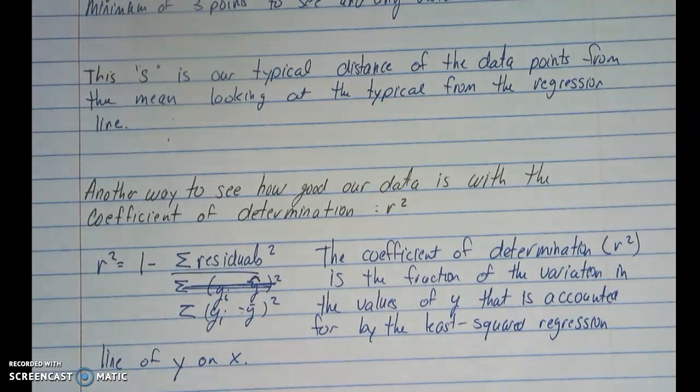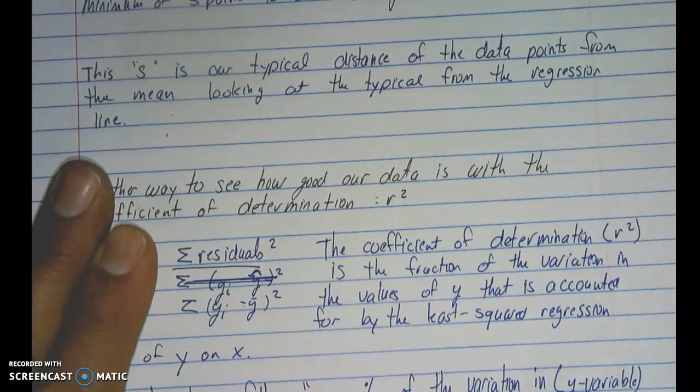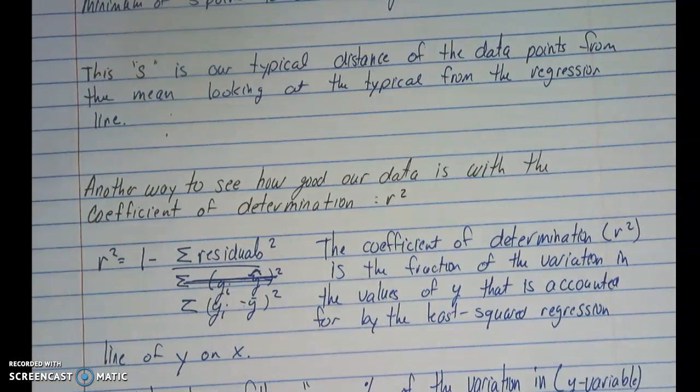Okay, so I'm going to pause it here. Everybody write that down and then we'll talk about it. This part right here tells us what is not explained by the graph or the linear regression line. Okay, so when we subtract it from 1, that percent tells us what is explained by the equation.